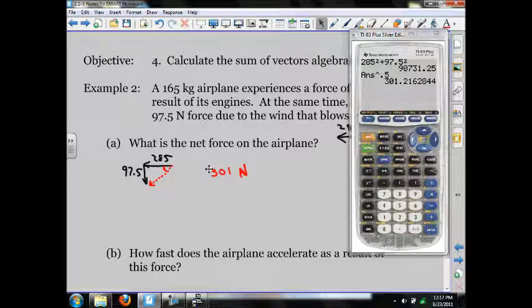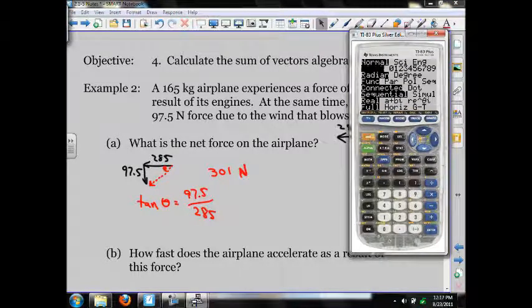Not inverse sine. Yeah, if I want that angle, I would say the tangent of theta is opposite over adjacent. Therefore, we want inverse tangent of that. Make sure you're in degree mode.